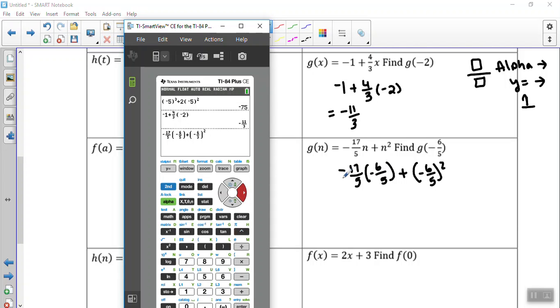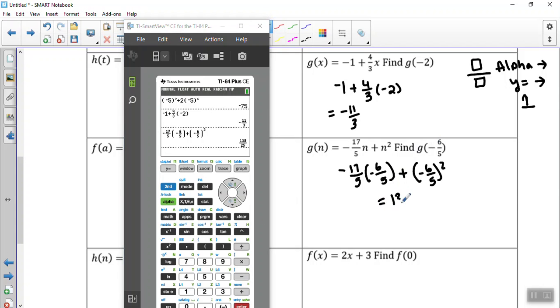Okay, let me just double check everything is entered in. Nope, I messed up right here. I put a 3, it should be a 5. There you go.